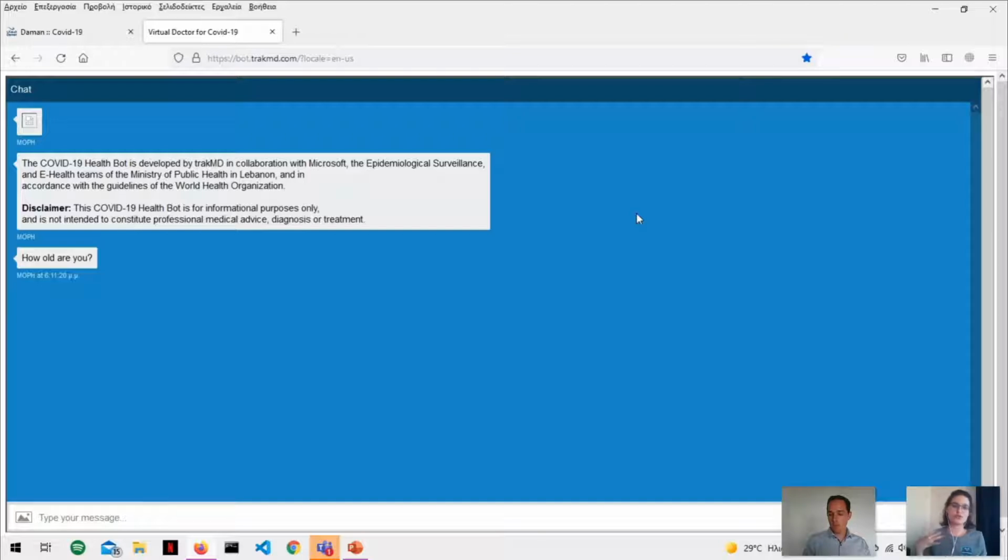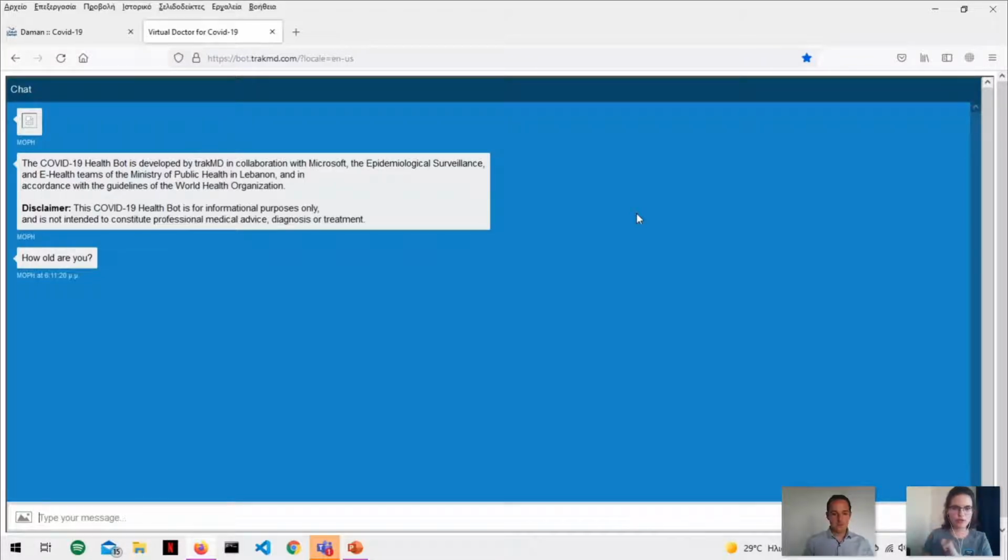It also states the collaborations, for example, with the Microsoft Azure Health Bot team and TrackMD, that the bot was developed in accordance with the guidelines of the World Health Organization. Again, there is a disclaimer that states that this bot is only for informational purposes, and it's not intended to constitute professional medical advice, diagnosis, or treatment.